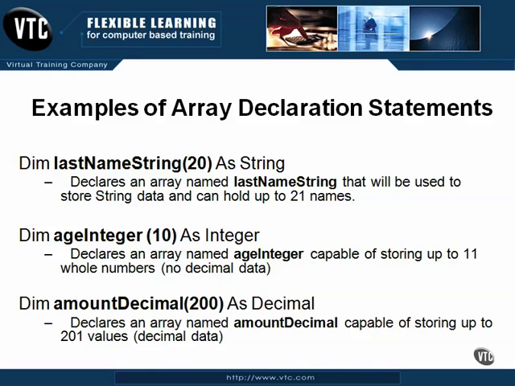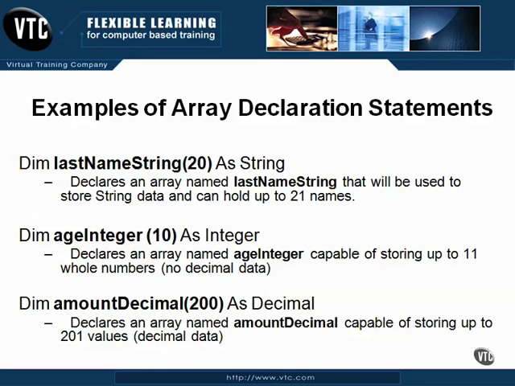And again, the As String would indicate the type of data that's being stored in this array. In the second example, we have an array that will be capable of storing up to 11 whole numbers, that is, integers, since we're specifying the data type to be As Integer. The name of the array is ageInteger. Again, the highest subscript is 10.